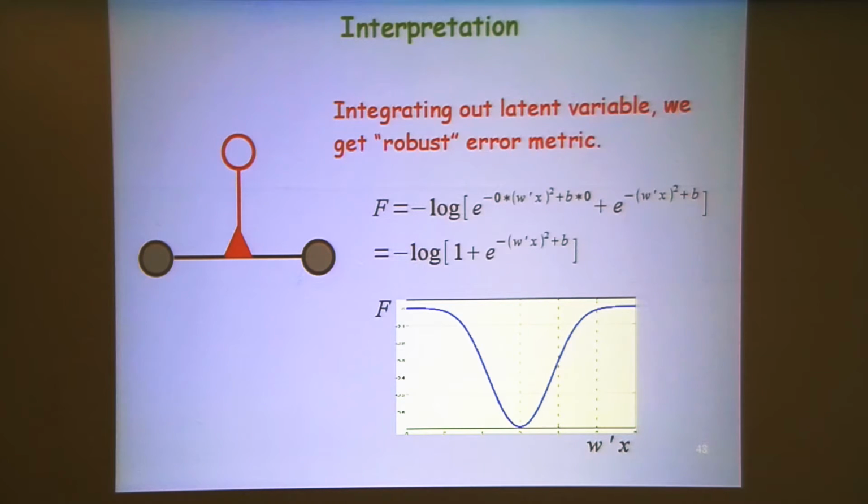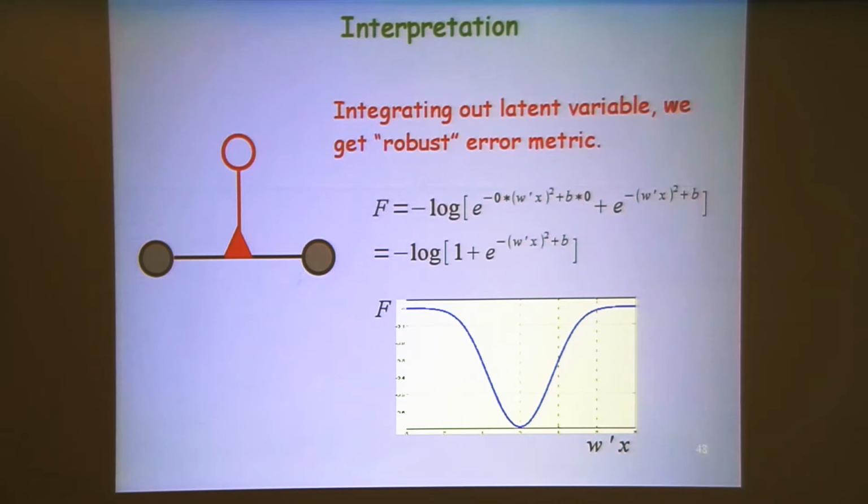And this goes back to the line process of the early 90s, if you know that literature, and to robust statistics. The other interpretation of the gated MRF is in terms of a Markov random field where the couplings are input dependent, in the sense that they depend on the latent variables. You can think of it as a model where the parameters are actually a function of some other variables, in this case latent variables. This connects a little bit with Bayesian nonparametrics, where the number of parameters scales with the number of samples that you have.